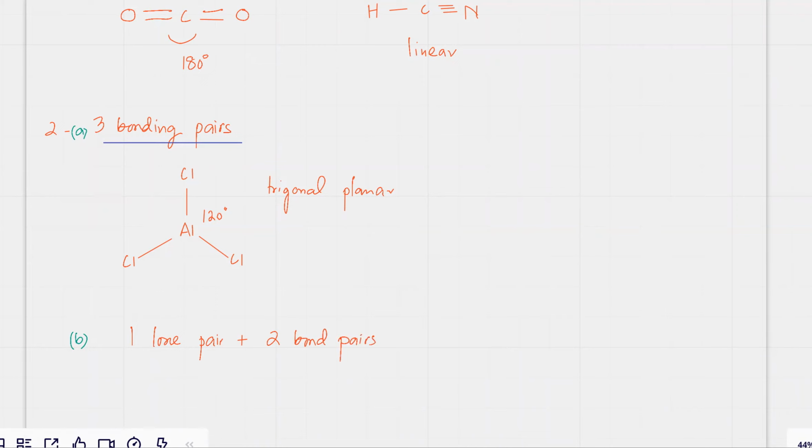What that basically means is that instead of having a bond on one side, it actually has electrons, but those electrons are not involved in bonding. A lot of times atoms have lone pairs. Lone pairs are those electrons in the outer shell that are not involved in bonding.